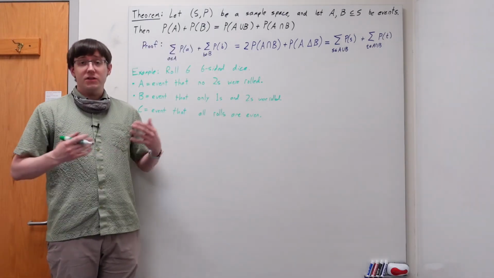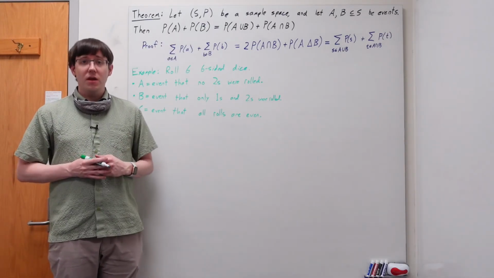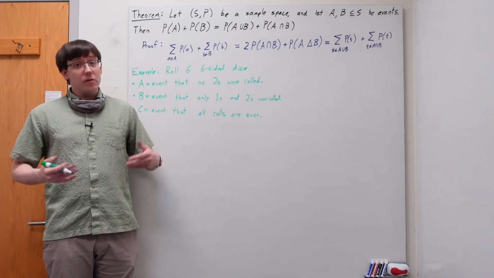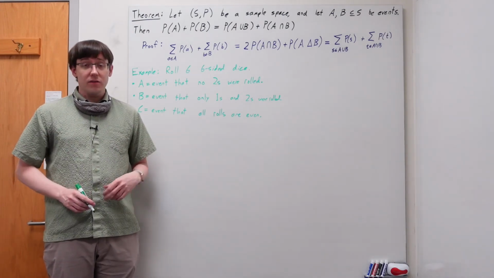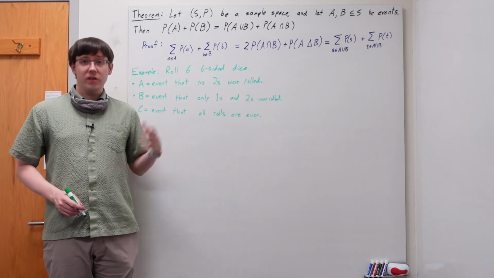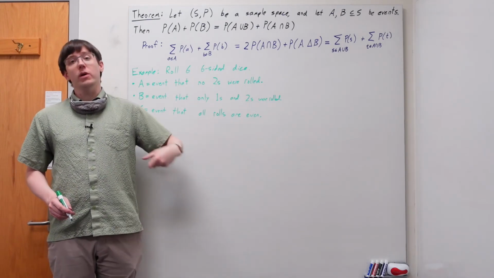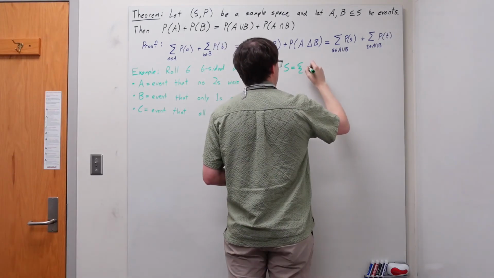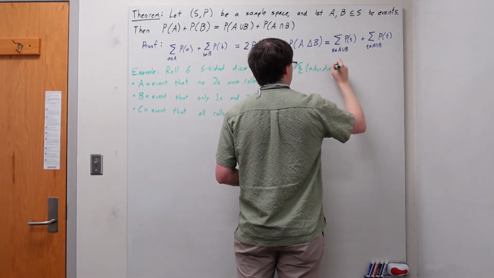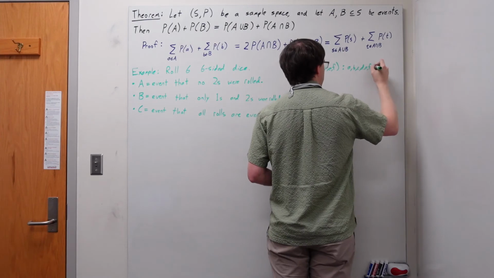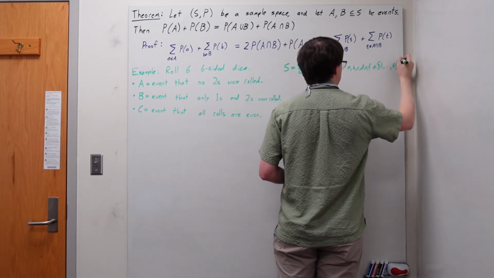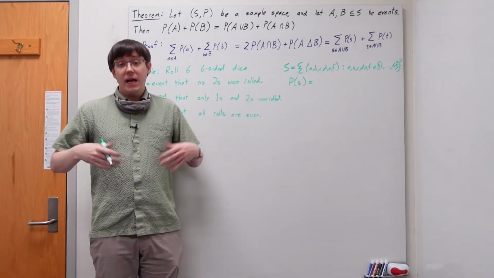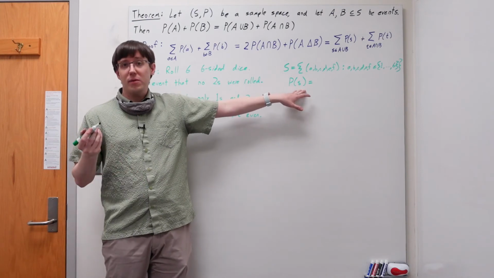If we roll six-sided dice, then we could think of the sample space as a set S, which is lists of length 6, where each element is 1 through 6. And then each of these events has equal probability.